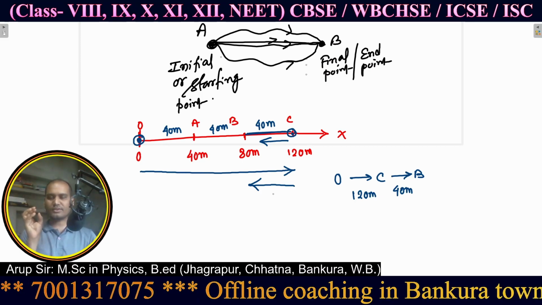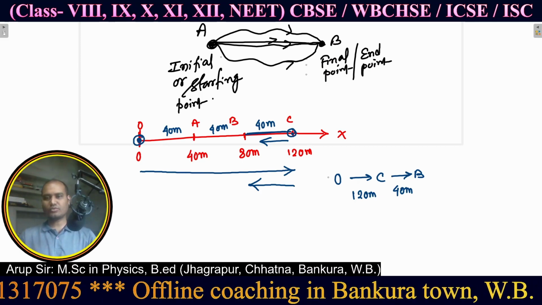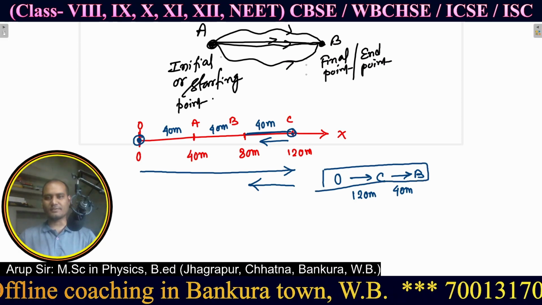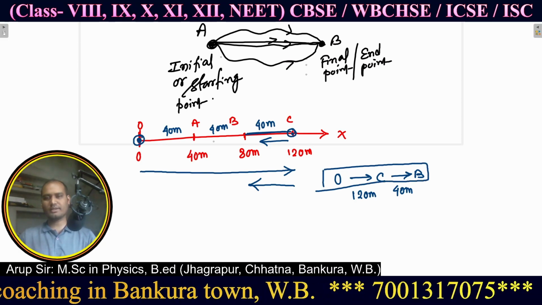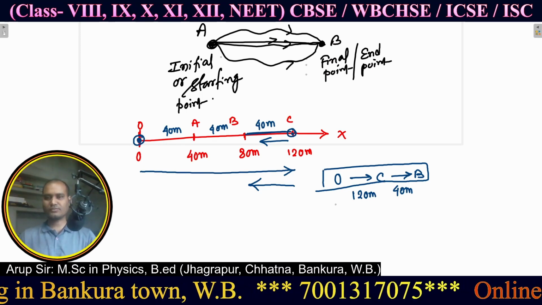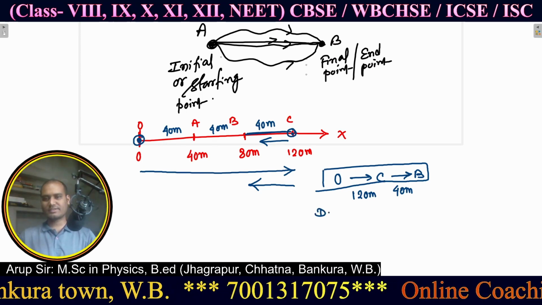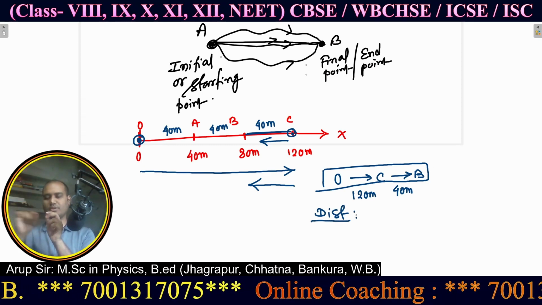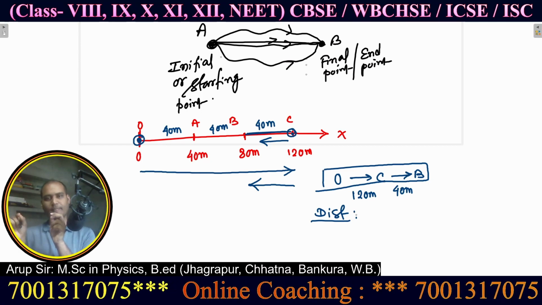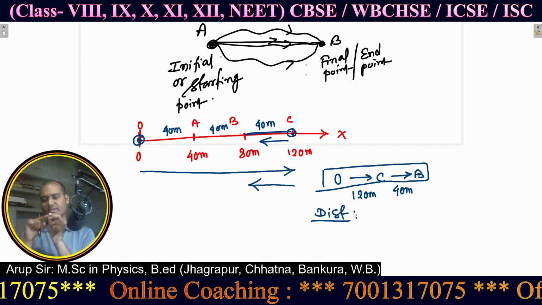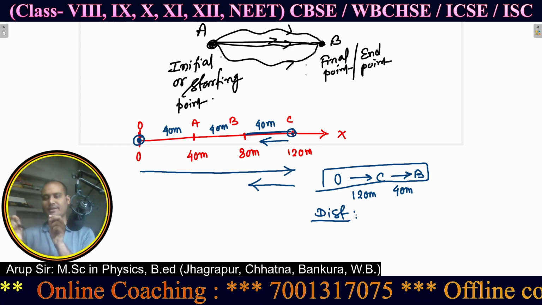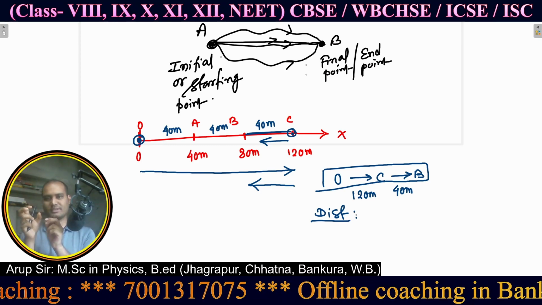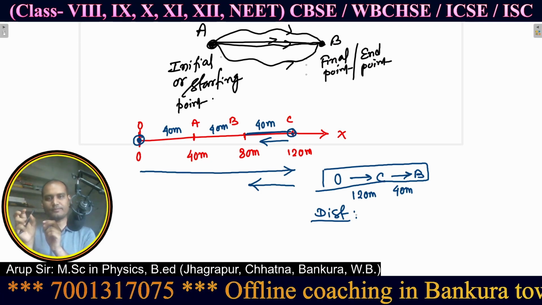So if someone asks you about the whole journey from O to B via C, for this case the total distance will be the path length. Just think that you are going from O to C by bike or scooter, then petrol is used and some reading will come on the odometer.